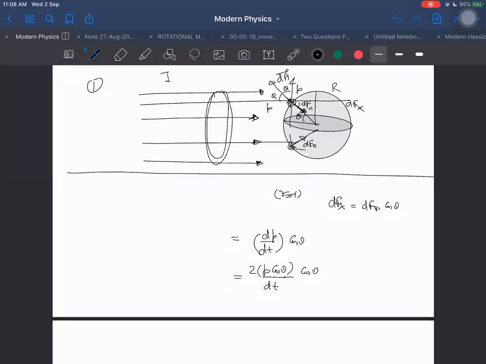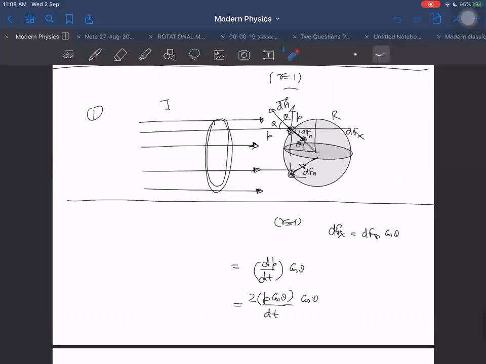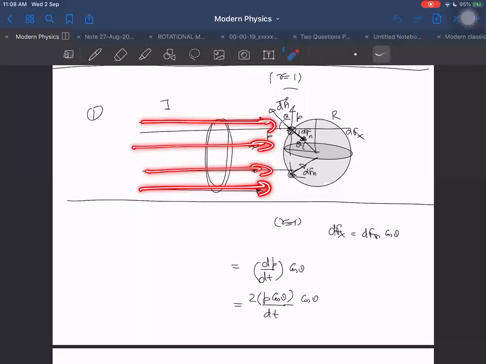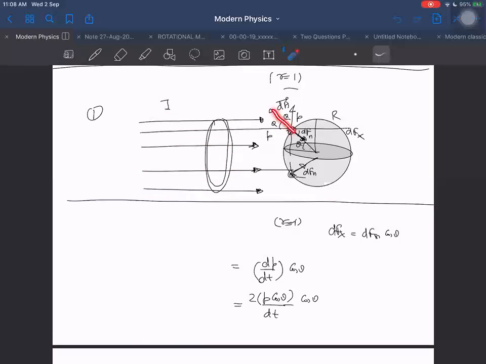So we were doing this yesterday. This is the light falling in this direction, and this is our area vector dA. So we know the formula. What is the formula for the pressure exerted by the light of intensity I?